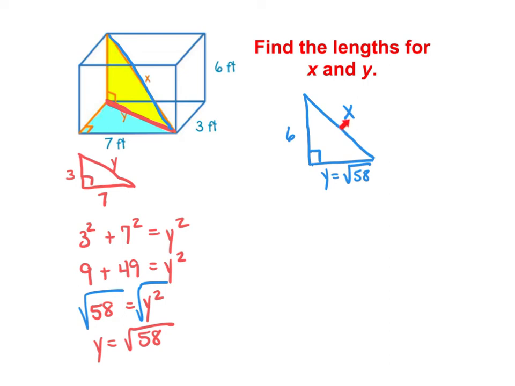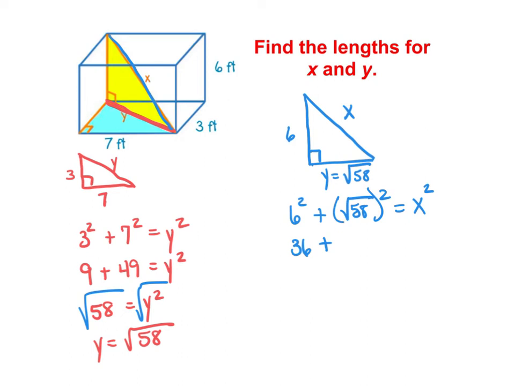This is the hypotenuse, so we are still taking this leg squared plus this leg squared, which equals the hypotenuse squared. So 6 squared plus the square root of 58 squared, which is equal to the hypotenuse squared. 36 is 6 squared plus, what do we get when we square a square root?